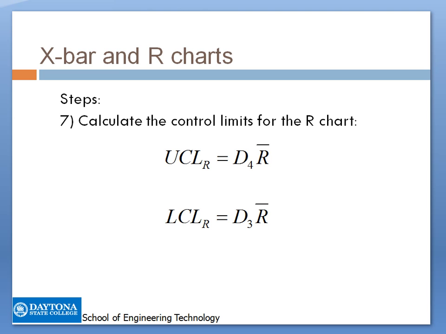And here you have to use 2 other values. These are the D sub 4 and the D sub 3. And these values are also found in the same table in your appendix, page 514. And you have to read the value using the sample size of that subgroup.